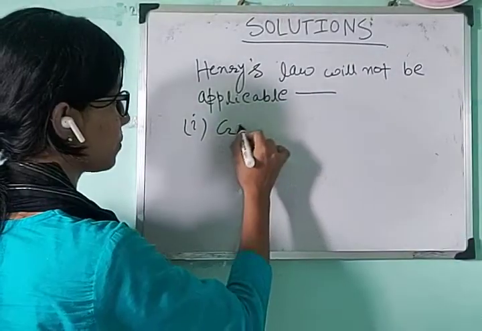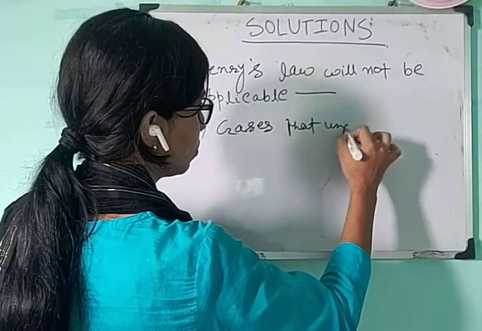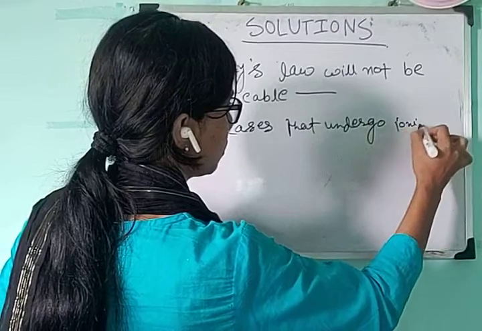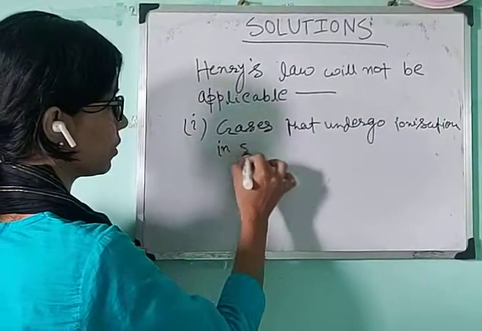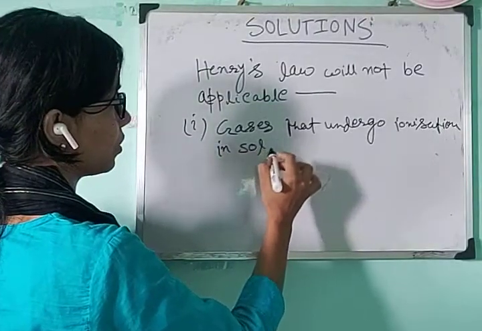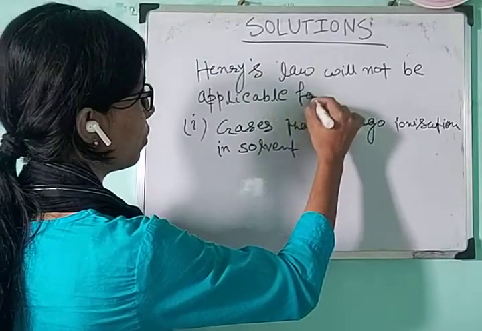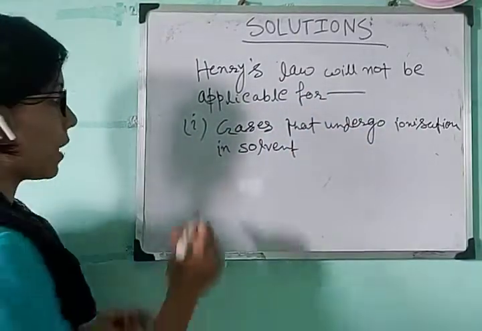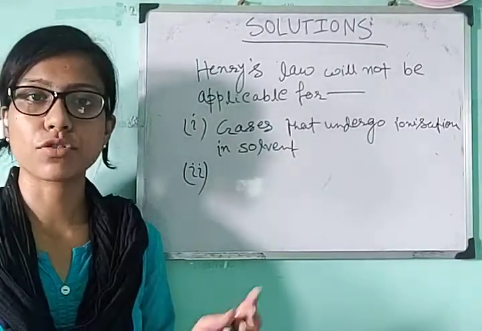So Henry's law will not be applicable for, first, gases that undergo ionization in the solvent. The second factor is gases that undergo association.